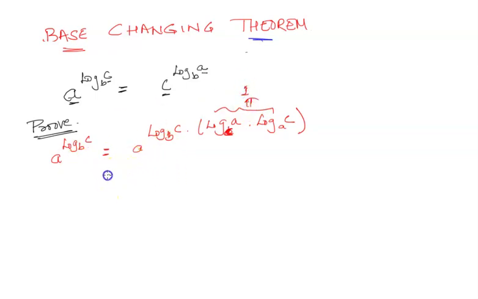Right? So now let's rearrange this value. Let's take this value and bring it here, and rearrange this value: log c to the base b into log a to the base c. So what does this mean? So this and this will get cancelled out.